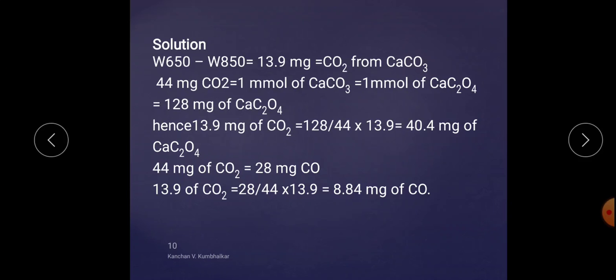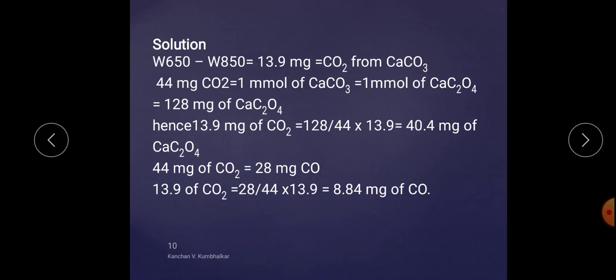So by cross multiplication, for 128 we get 44, but 13.9 is liberated, then what is the total amount of CaC2O4? Hence by cross multiplication we get 40.4 mg of CaC2O4. Means when 13.9 mg of CO2 is liberated, the initial quantity of calcium oxalate taken is 40.4 mg.